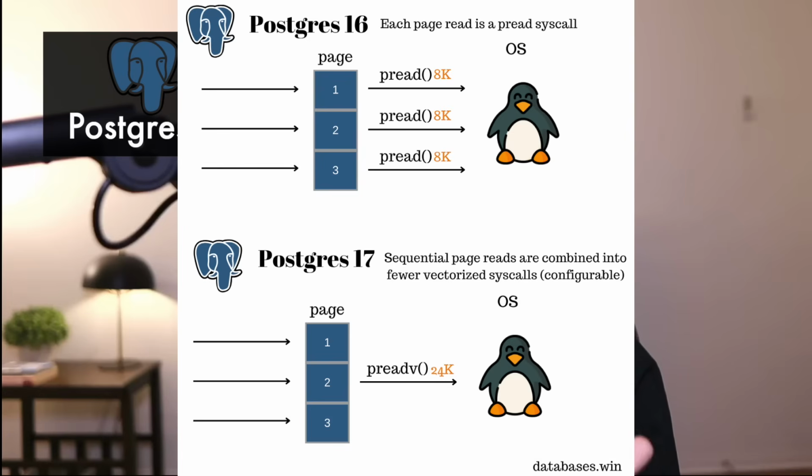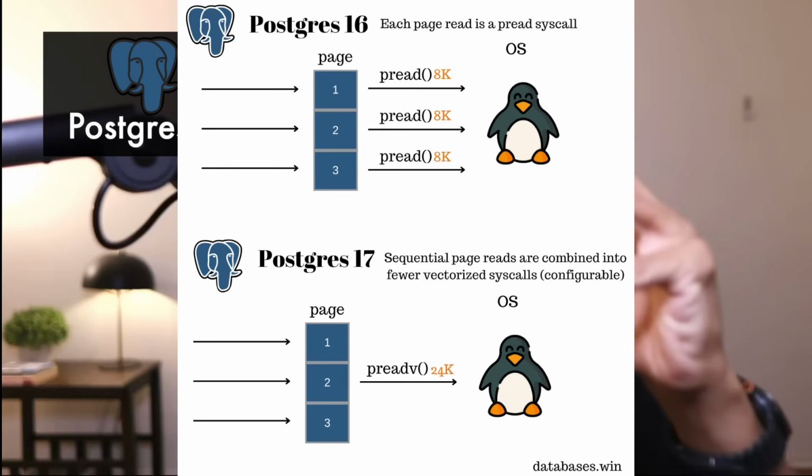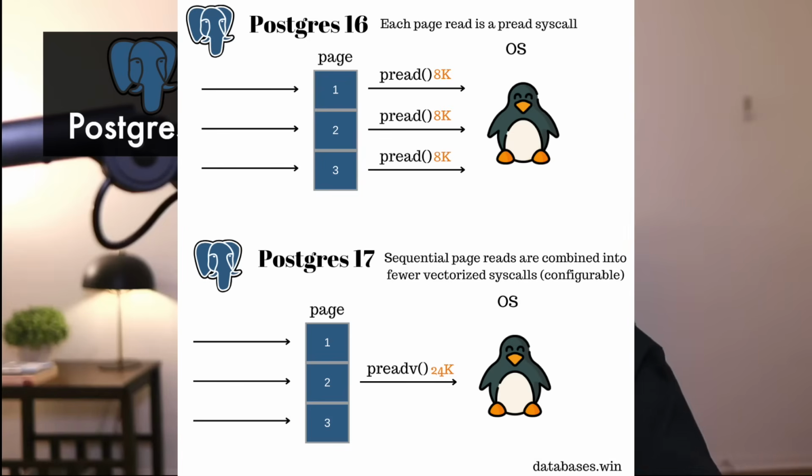And you're suffering. Postgres 17 is better than 16 in that regard because it tries to combine IO based on certain heuristics. Well, I'm doing a sequential scan. Why am I reading 8K pages at a time? Why am I reading one page at a time? 8 kilobytes is the page size in Postgres, right?